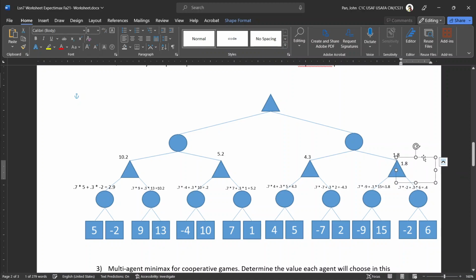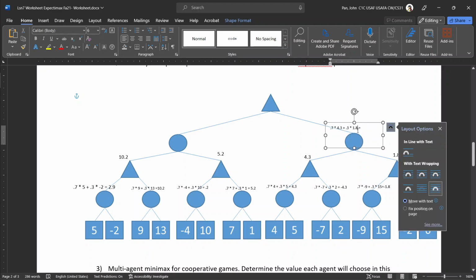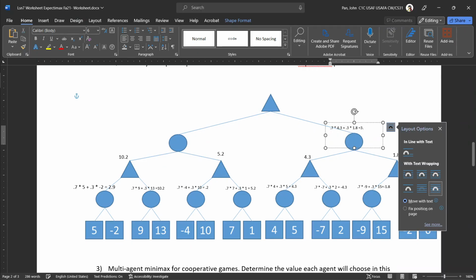Yay, we got another probability node. Okay, so on this layer, we do the same thing. In this case, again, it's 70% chance of going left, 30% chance going right. So we got 0.7 times 4.3 plus 0.3 times 1.8 equals, drum roll please, 3.55.